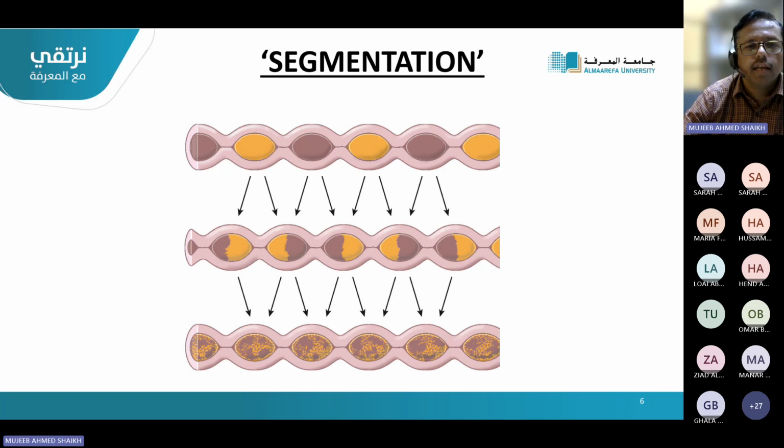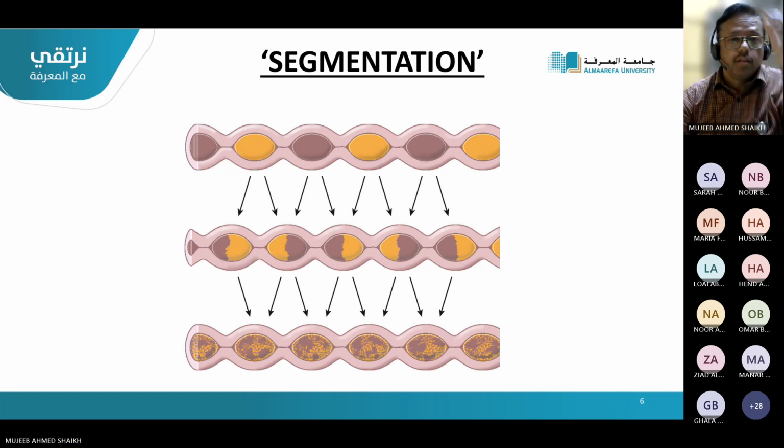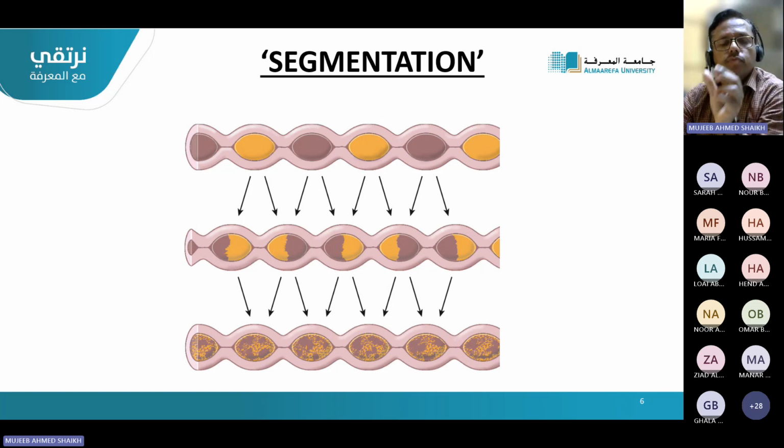So it is dividing it into smaller segments. After some time, this contracted area will relax, and the area which was previously relaxed will now contract. This is how the smaller segments move the food from one area to another. Also, it will mix the food.